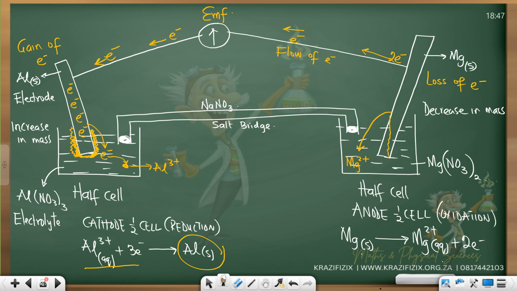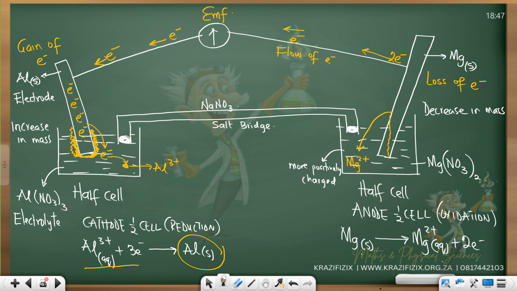But as all of that is going on, please look at this. This thing here is becoming more positively charged. Do you know why? We are losing electrons. Electrons are negative. So we are losing electrons and Mg2+ is increasing.